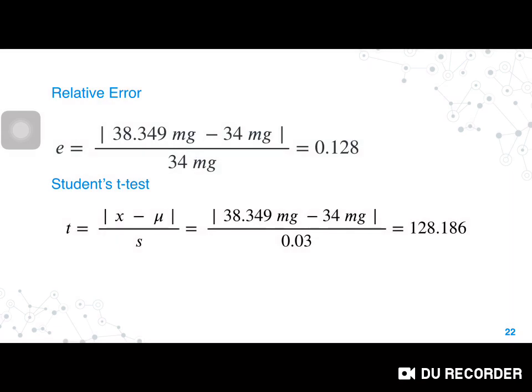Relative error was calculated to be 0.128 at 95% confidence level. The experimental amount shows a significant difference from the declared amount.